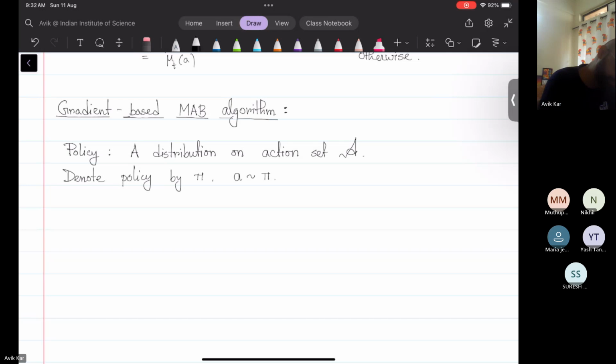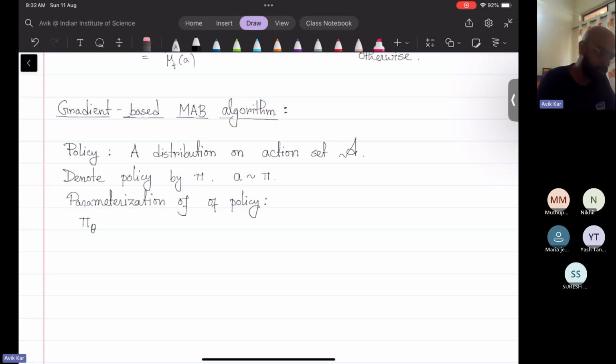So here pi is parameterized by some parameter vector, or it can be one element, a scalar, some parameter vector theta, and this is again a distribution.